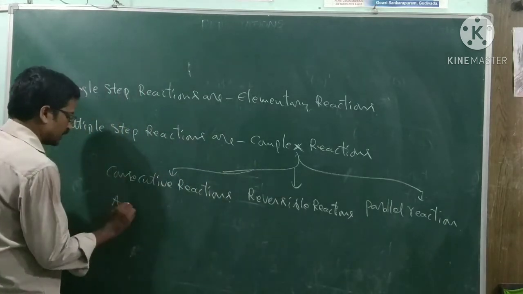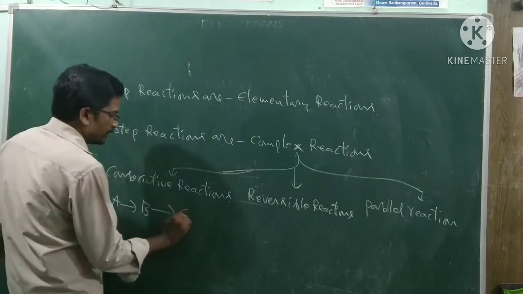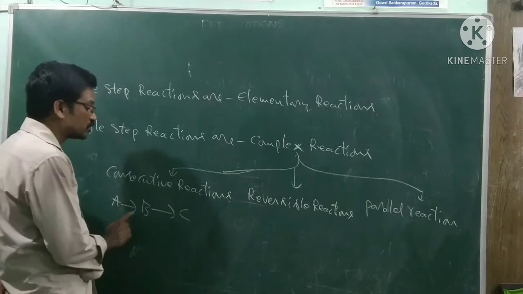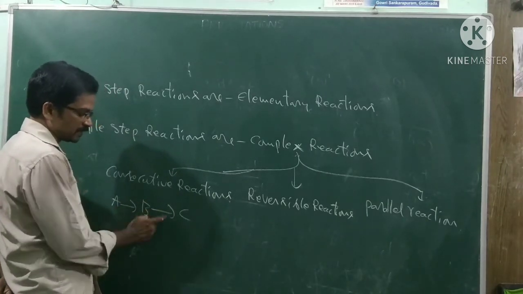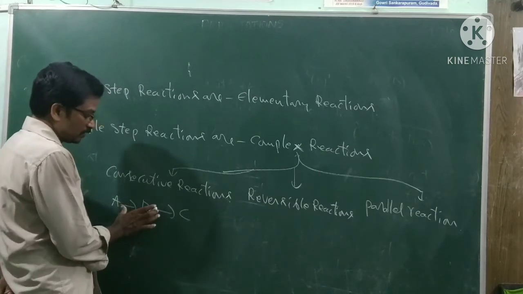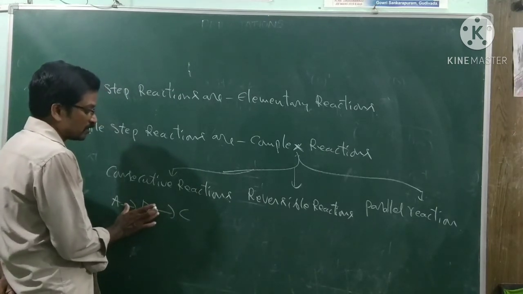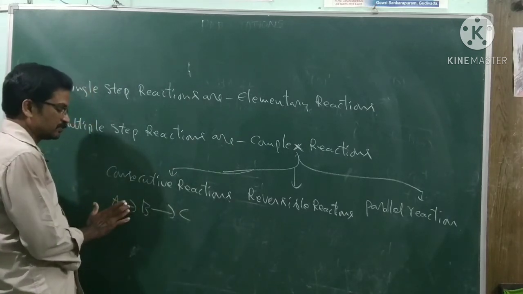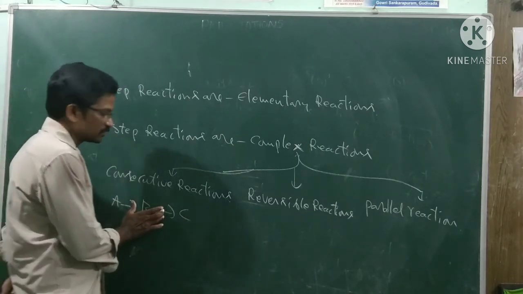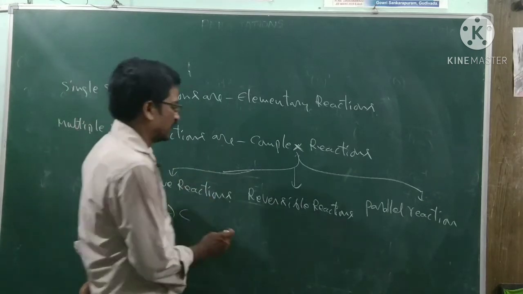Consecutive reactions are A gives rise to B, B gives rise to C. These are multiple steps: this one is the first step, this one is the second step. So these are known as consecutive reactions.